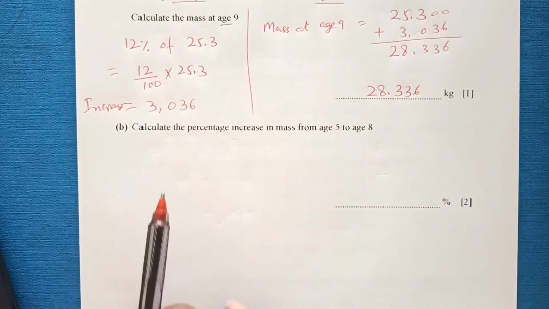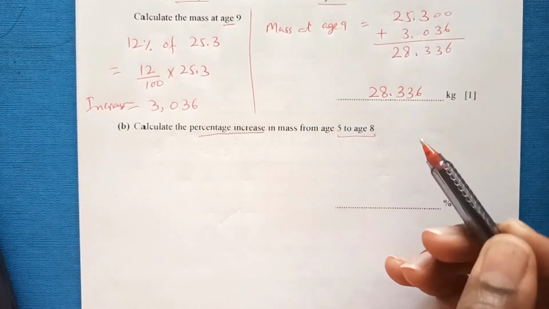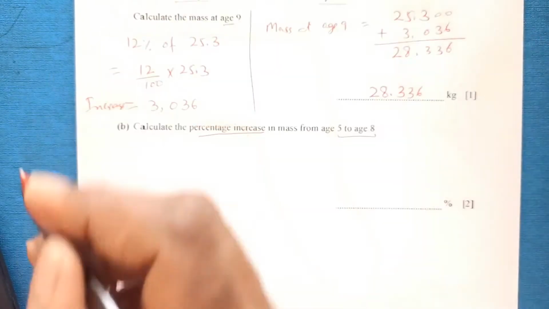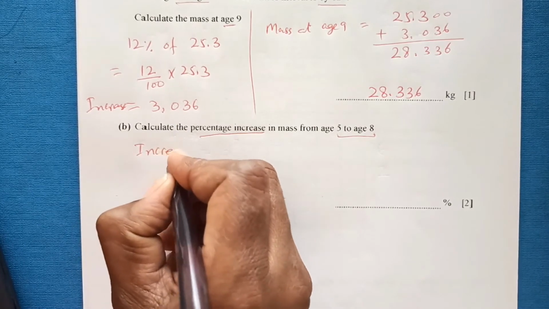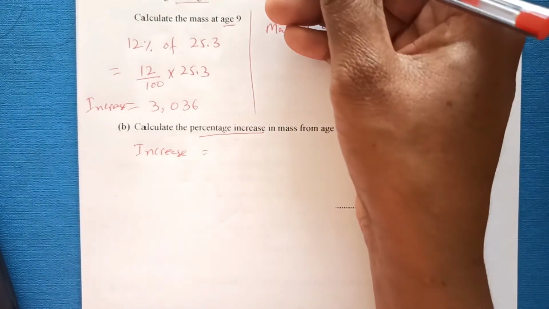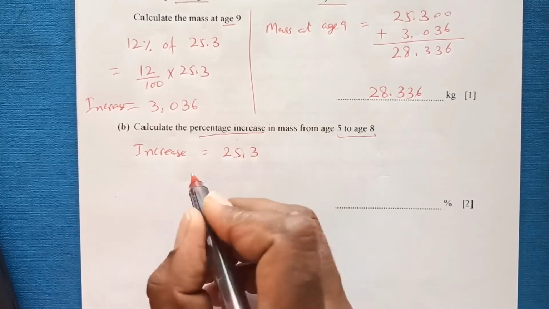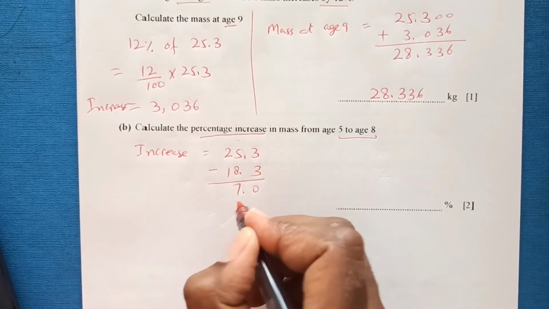Part B, calculate the percentage increase in mass from age 5 to 8. First we will see the increase. How much is the increase? The mass goes from 18.3 to 25.3. So first we subtract, and this is 7.